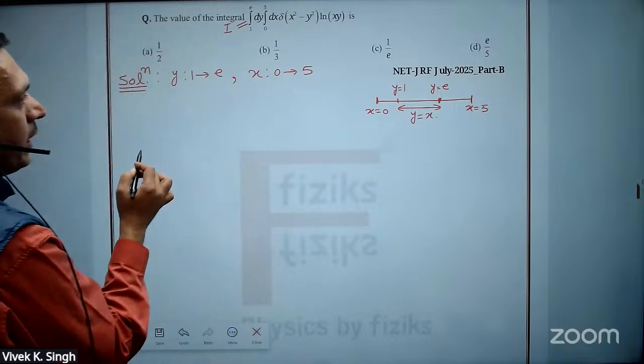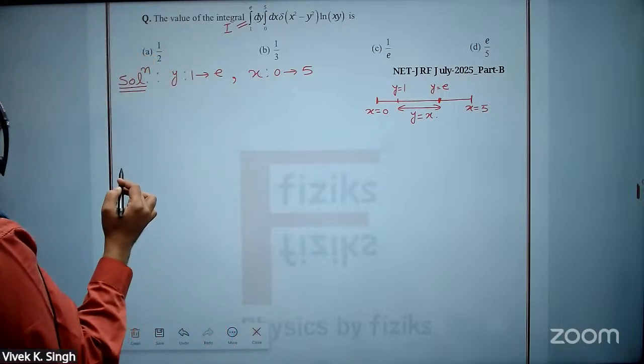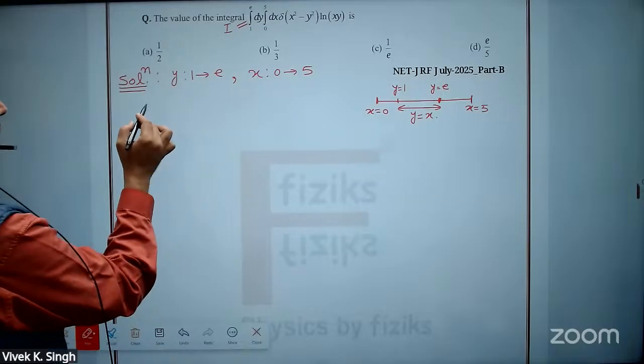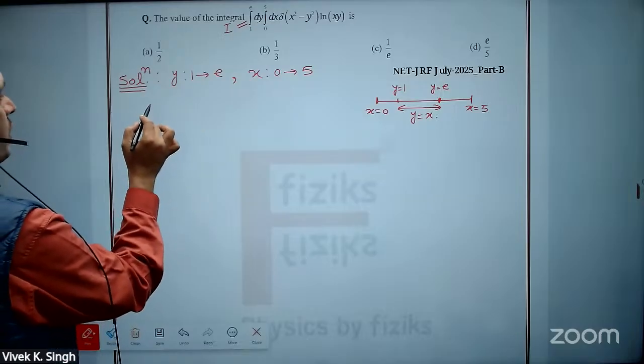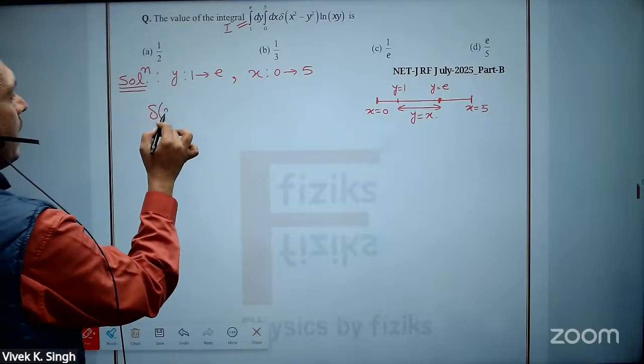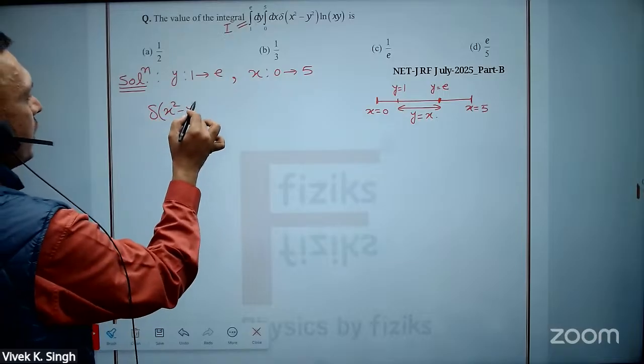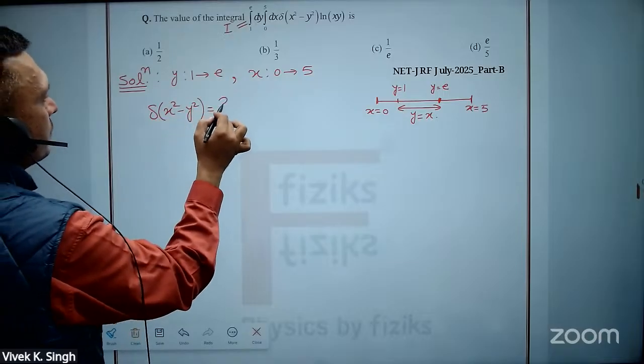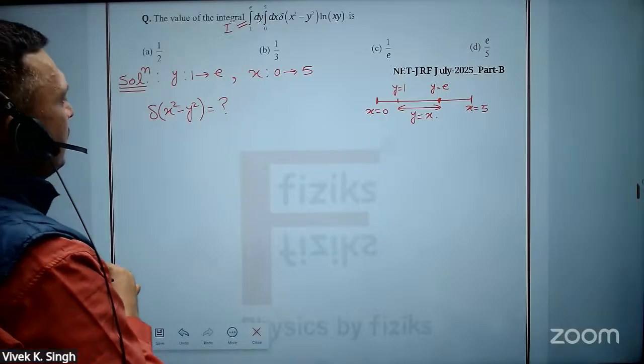First we have to see what the value of delta of x square minus y square will be.